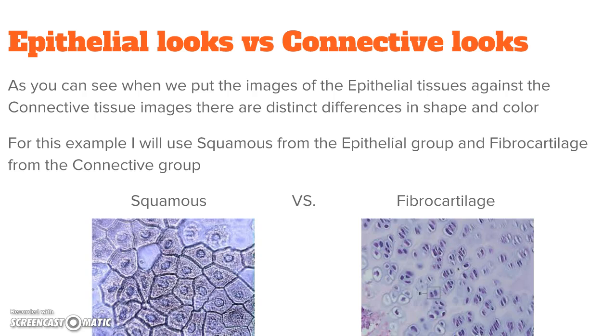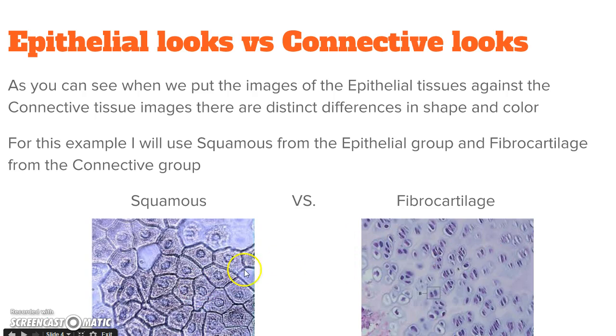But the big difference that I find in epithelial and connective tissue is the way that they look because of their shape and color. You see how these 2 have almost the same color, but if you look closer, the squamous is more of a darker purple inside of the cell, while this is more see-through around the nucleus.